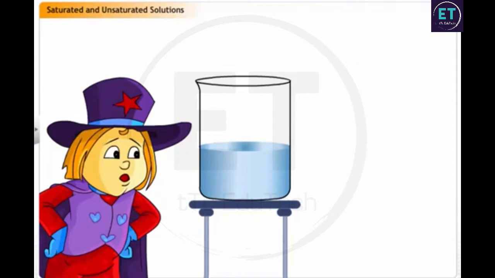The solute, which was undissolved before heating, has now dissolved. This means that the solute dissolved in the present solution is more than its solubility. The type of solution that we just discussed is called a supersaturated solution. In this solution, the solute present is more than in the saturated solution.